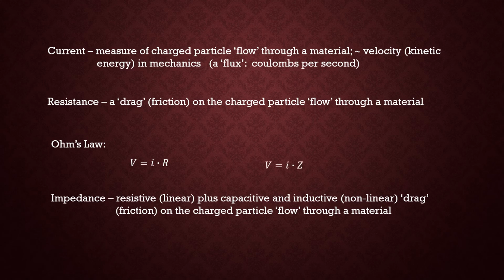So in the case of impedance, you replace the R representing the resistance with Z. So the units are volts, amperes, and ohms. And in the case of the AC, the nonlinear systems, impedance becomes Z.